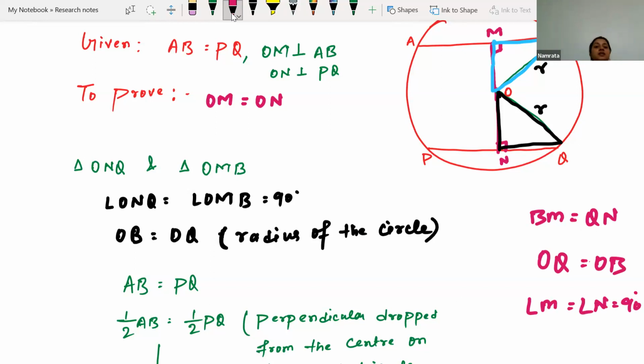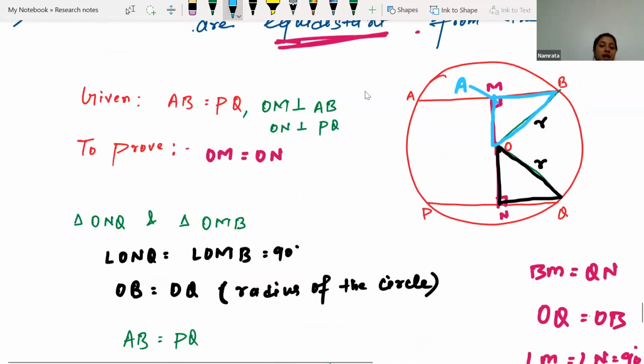By which congruency criteria? For that you have to get back to your triangle chapter and check which criteria is getting fulfilled. Here we are using the right angle.